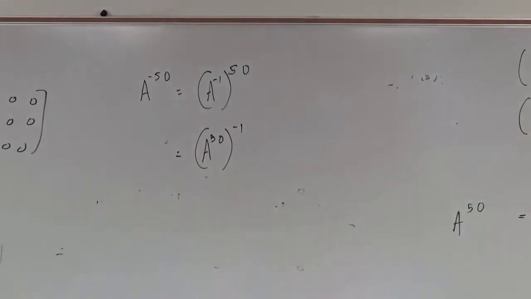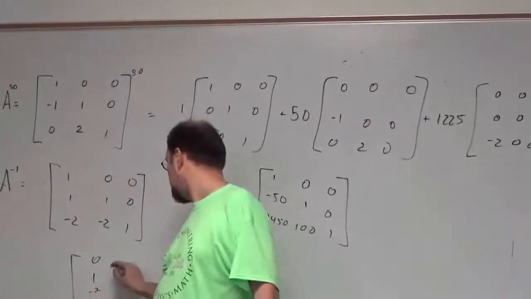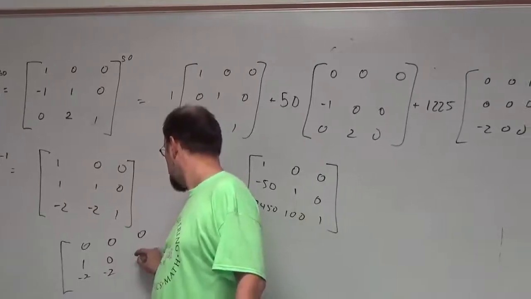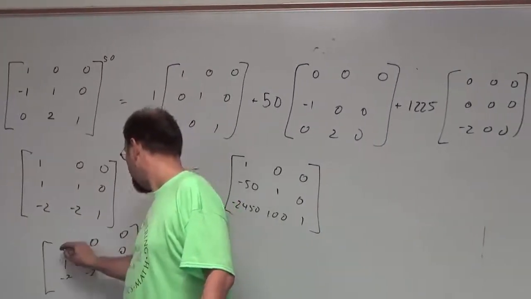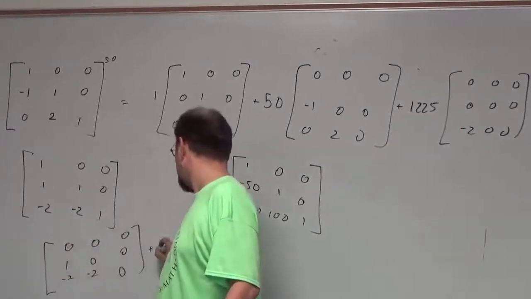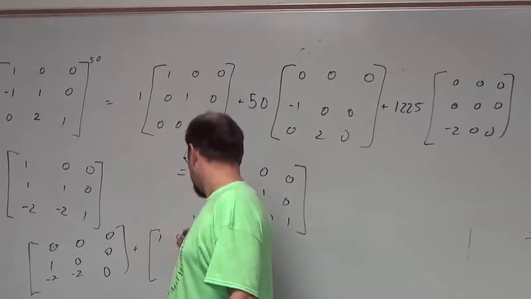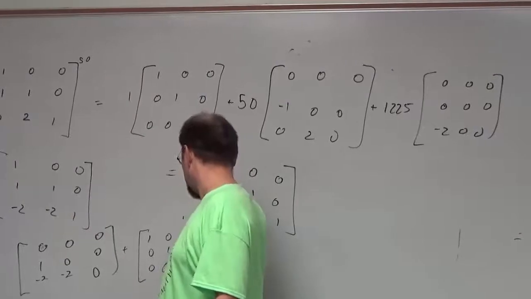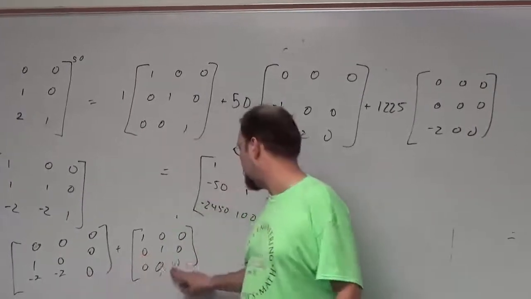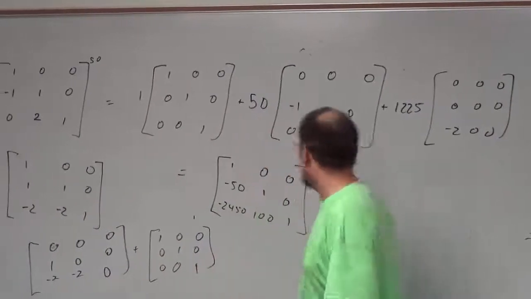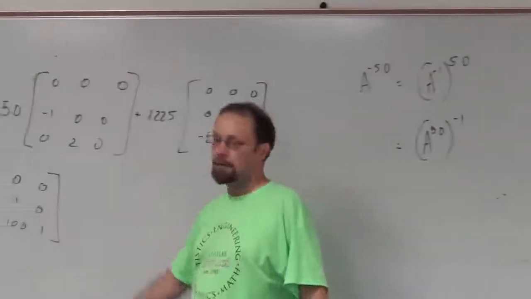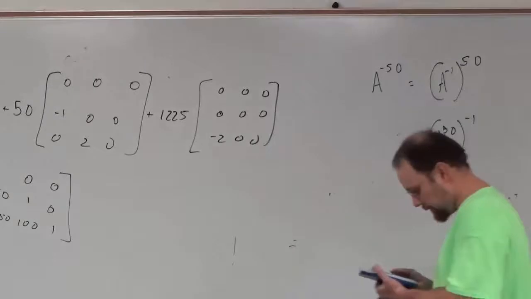A inverse can be written as a nilpotent matrix plus identity, and repeat the procedure using binomial expansion. Or you can simply take a to the 50, which we just computed, and invert it. So find the inverse of that matrix.